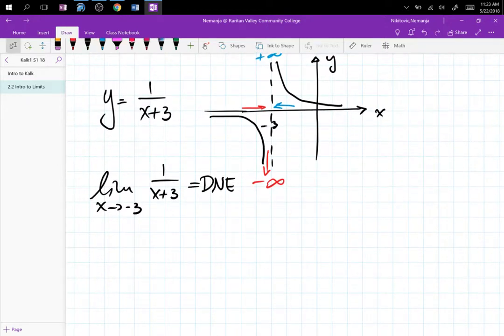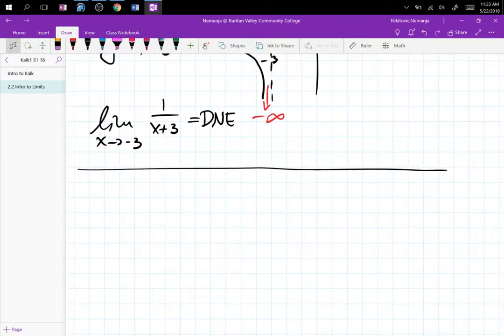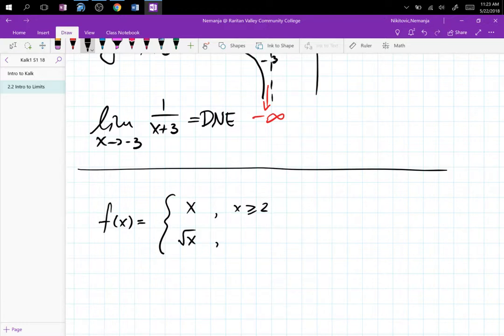Now, most of your problems on the homework will be some kind of a piecewise function. Let's come up with something cute. f of x equals, say we have x for all x values bigger than 2, and let's have square root of x for all x values less than 2.